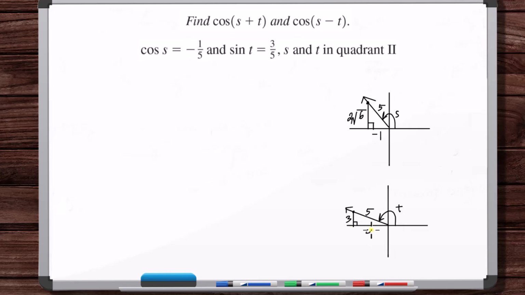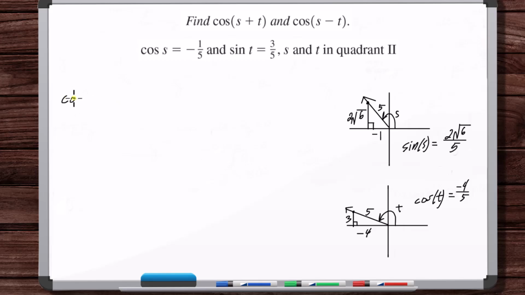Square root of 16 is 4, but we'll put minus 4. All right, so now we need sine of S. And we can see that's going to be opposite over hypotenuse, so 2 root 6 over 5. And then we need cosine of T, and that's going to be adjacent over hypotenuse, minus 4/5.